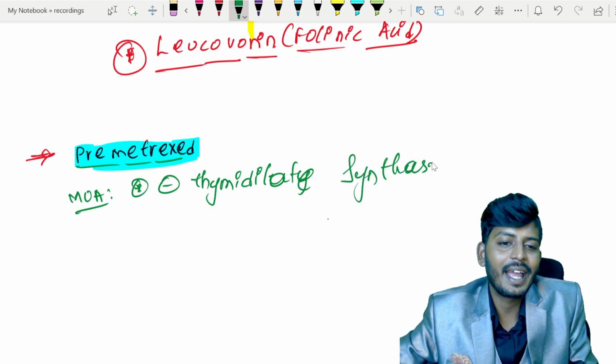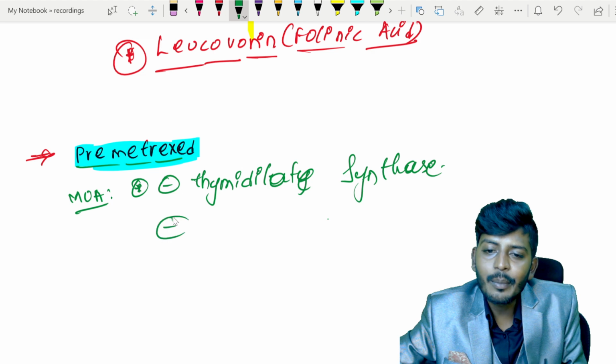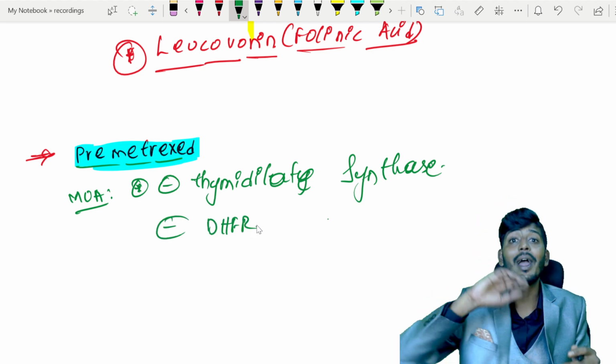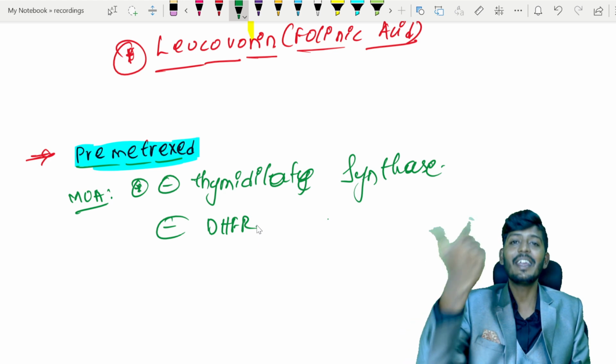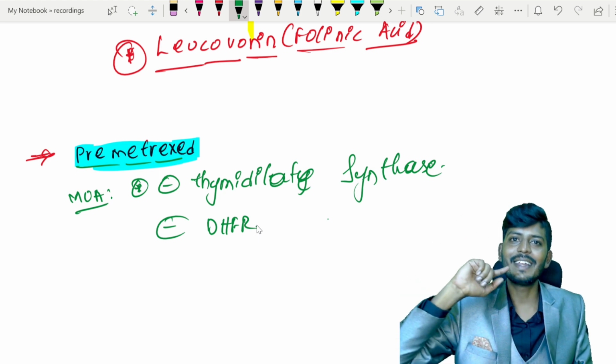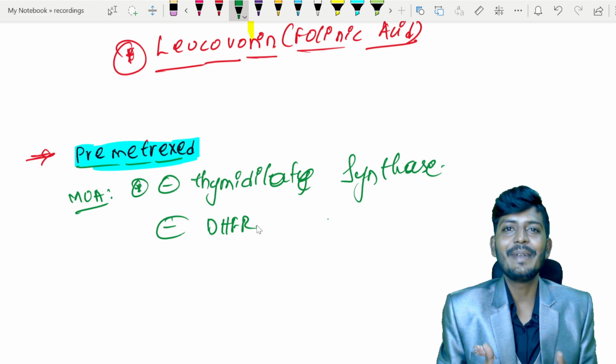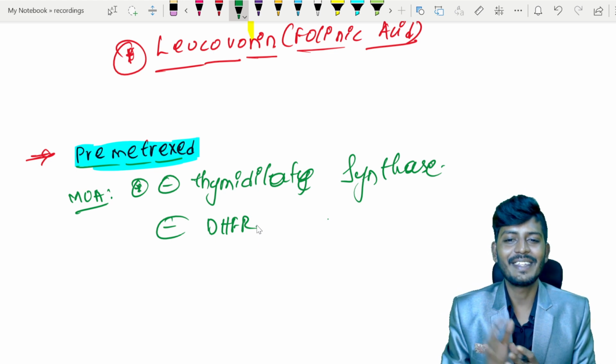That is the first mechanism. The second mechanism is that it will inhibit DHFR. So this is a very important point to be remembered. While methotrexate inhibits DHFR more, Pemetrexate inhibits thymidylate synthase more. So the newer drug inhibits thymidylate synthase more.